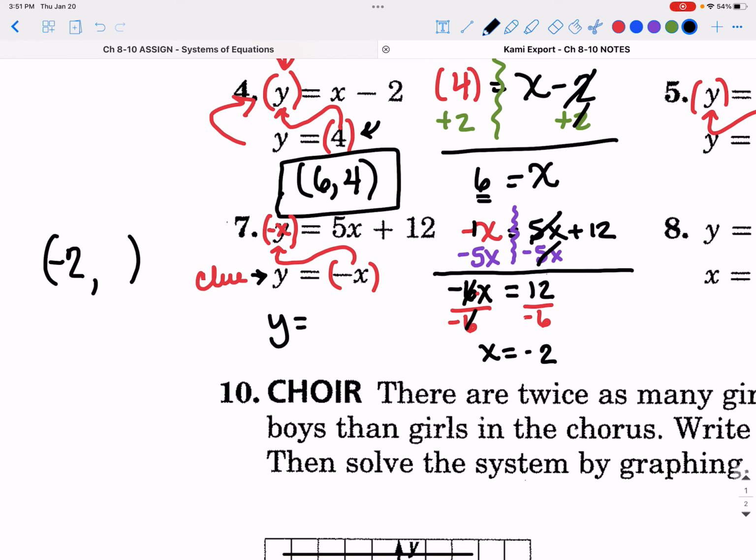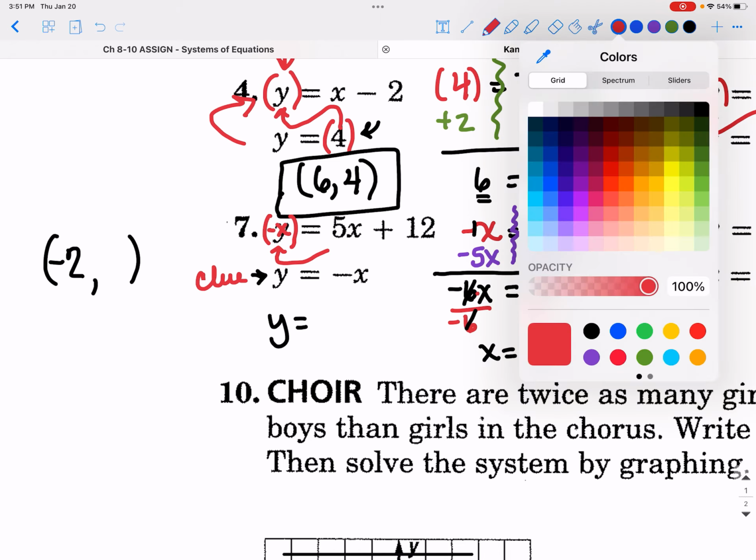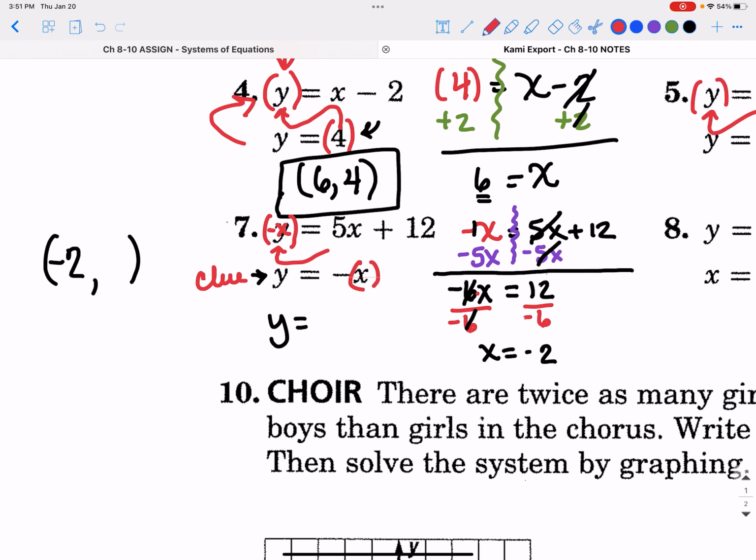Y equals -x. Now, I've got the negative sign, so I'm actually going to have to erase this because I'm going to have to put the parentheses in a little bit different place. But now I want to plug in because I now know that x equals -2. So if I plug into the equation y equals -x, I now know that x equals -2.